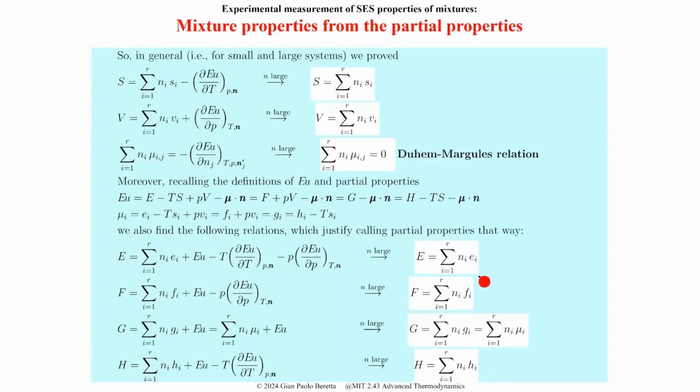They all have the same structure. Of course, now we forget the small systems and we focus on large systems. So this is the right-hand side, the highlighted formulas. Because for small systems, we would have also some contributions that correct this expression in terms of the Euler free energy. Okay.